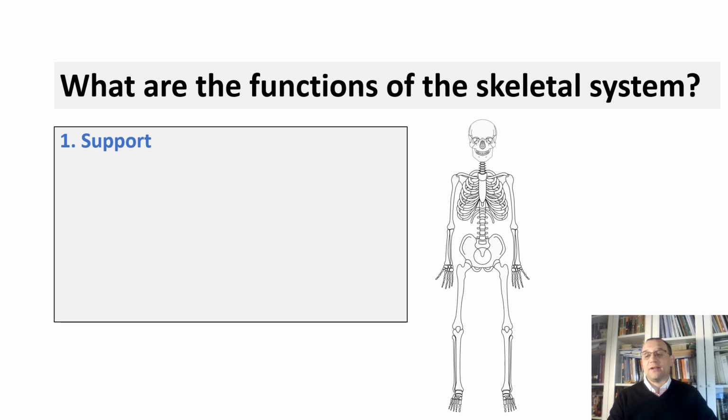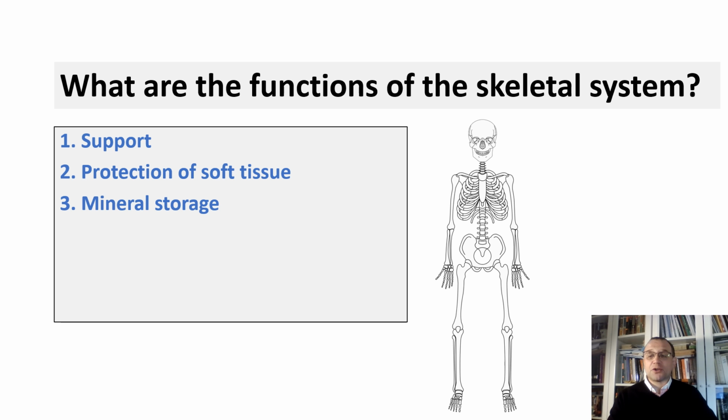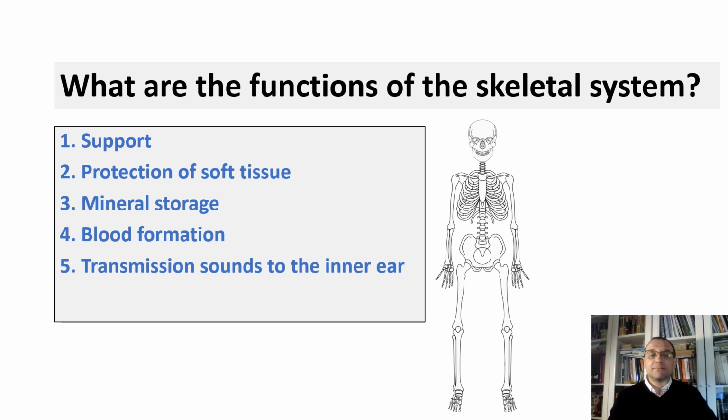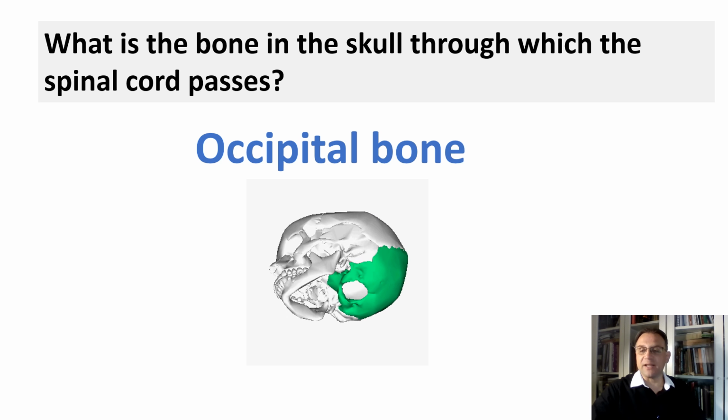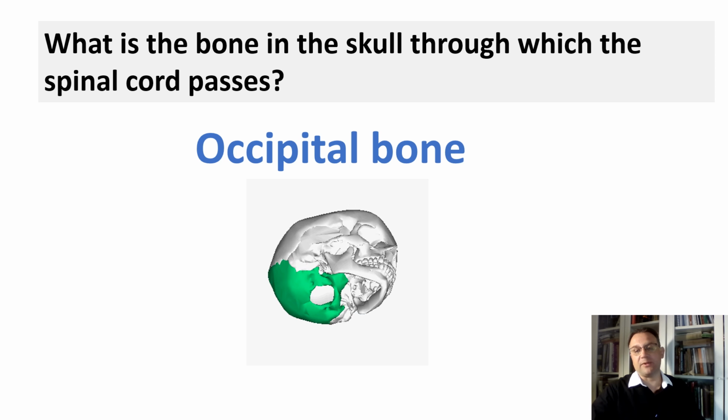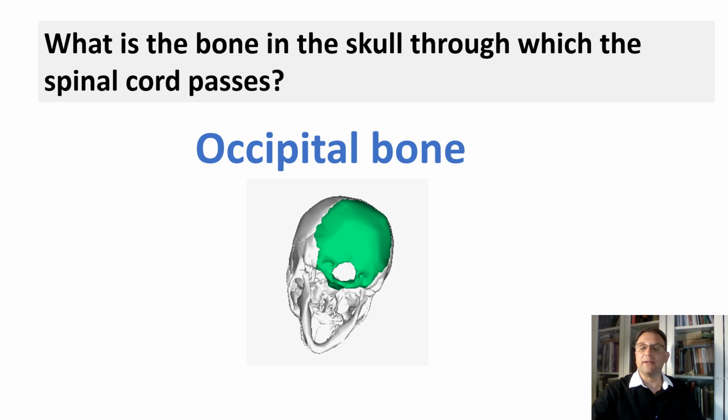You're right if you say support, protection of soft tissue, mineral storage, blood formation, and transmitting sounds to the inner ear. What is the bone in the skull through which the spinal cord passes? Occipital bone. If you thought of occipital bone, you are absolutely right.